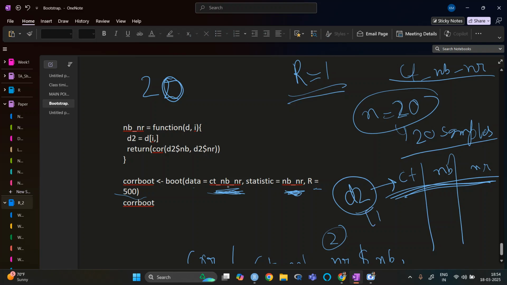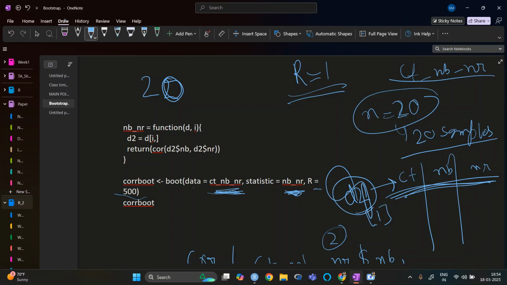So now this one is our D2 for the first sample. Let's say this sample is D1 comma. So D1 comma is CT, NB, NR. So it will return me the correlation for this sample for the first one.